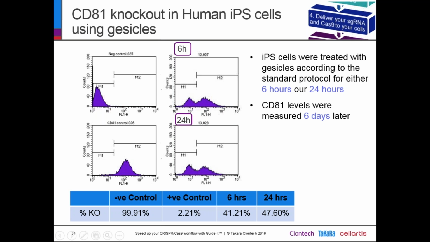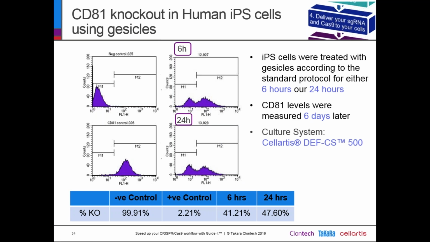We then measured the CD81 levels 6 days later, again with a FITC-conjugated antibody. And as you can see, we could achieve over 40% knockout of CD81 on the protein level.